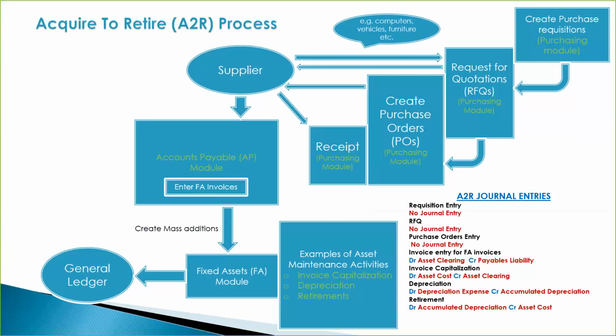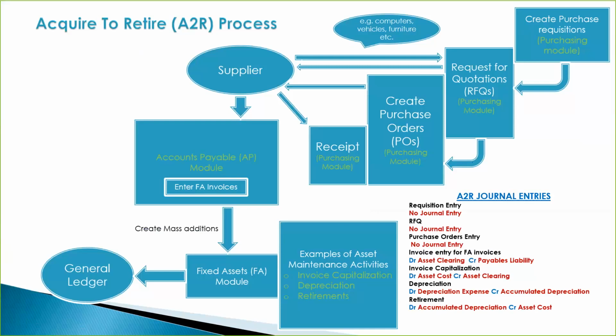Once the purchase order has been created, it's sent out to the supplier you chose based on the quotes you received. The supplier will then send you the goods or the assets. Those goods are received within the purchasing module. The receipt transaction is done within the purchasing module, same as creating the purchase orders, the request for quotation, and the requisitions.